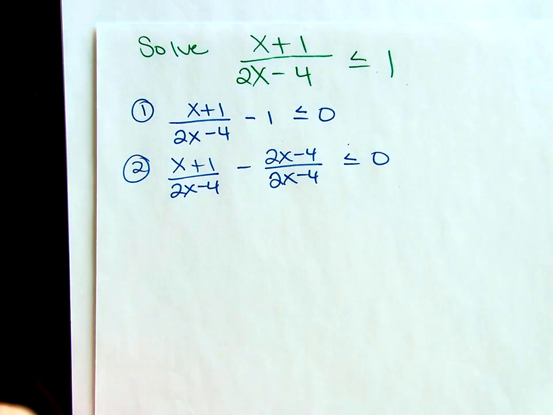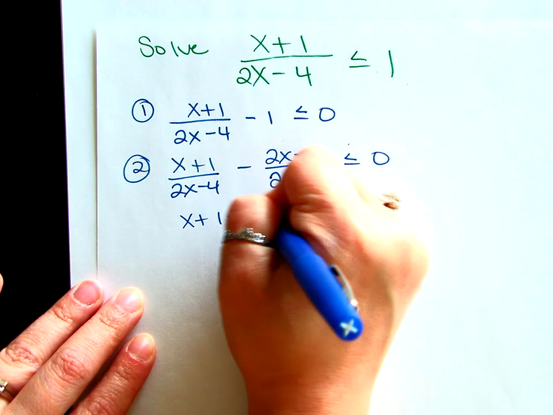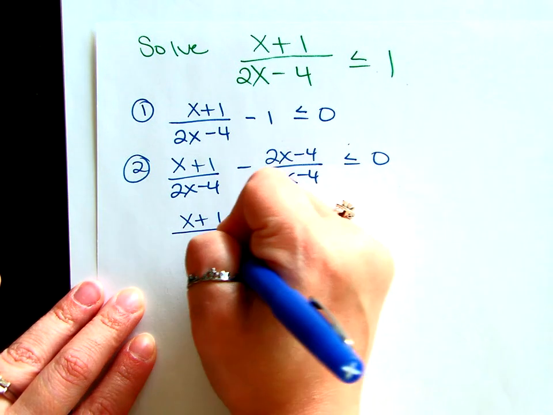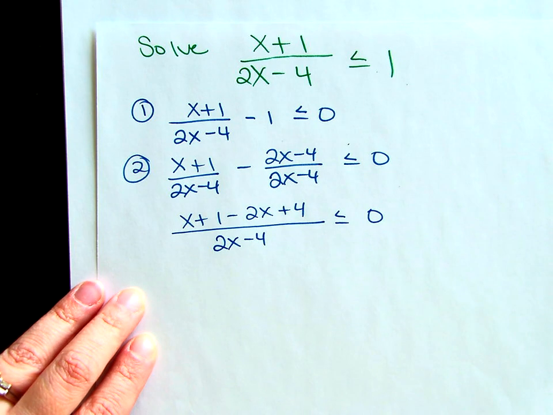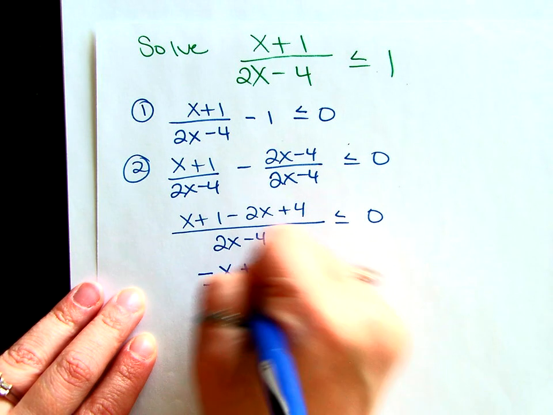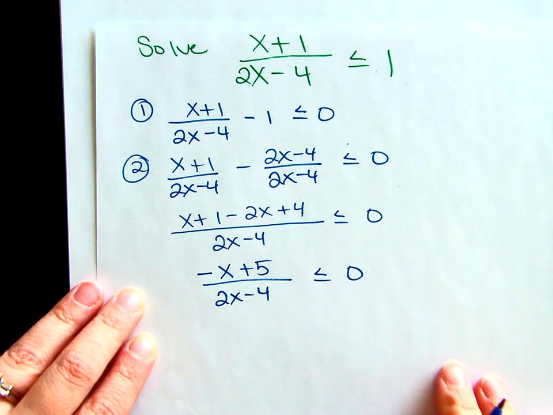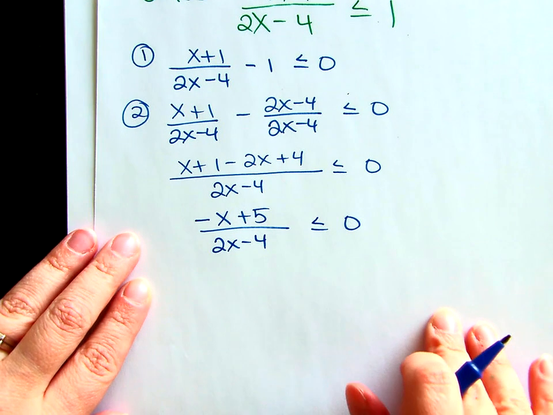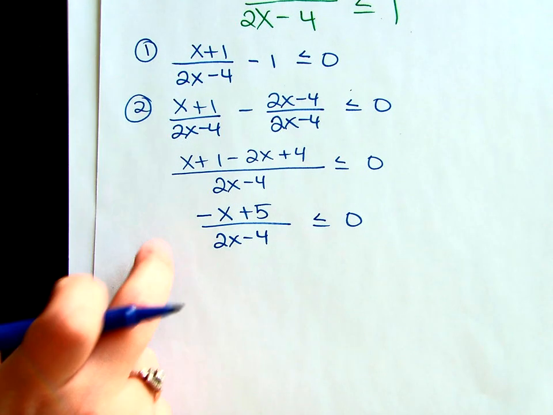So I can combine these all into one nice big rational inequality, so that I get a -x plus 5 all over 2x minus 4 is less than or equal to 0. And then this is the inequality we're going to play with.